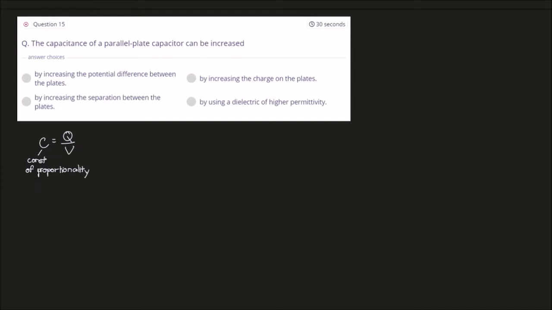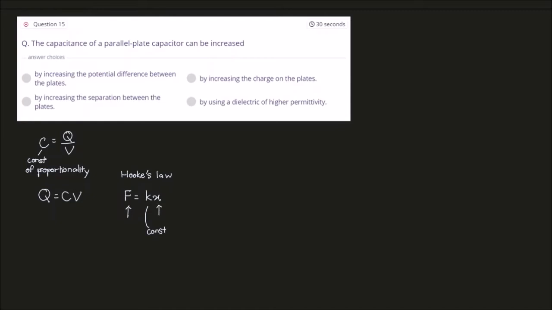If you rearrange it, you see Q equals CV, right? You can think of it as being similar to F equals Kx for Hooke's law. In Hooke's law, F is equal to Kx. If you increase the force, the K will not change. The K will remain constant. What changes is the displacement.